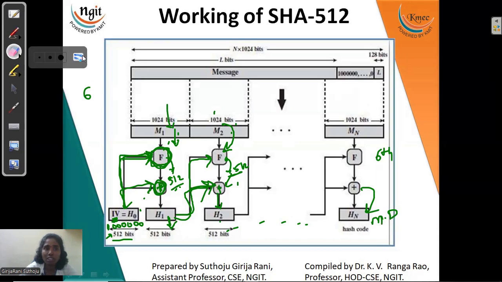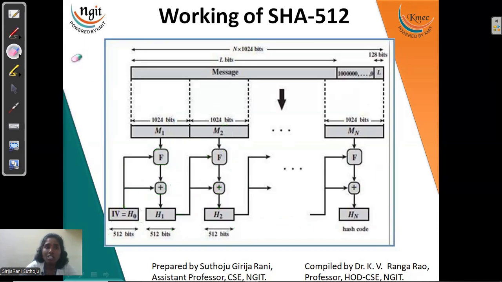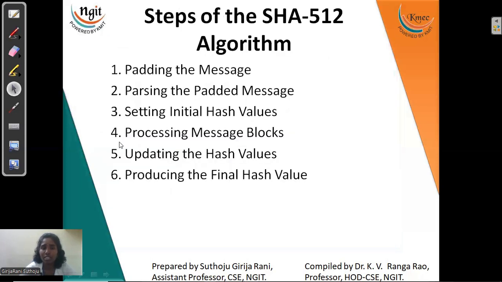So this is a procedure we follow for SHA-512. I mean, this is the working structure of SHA-512. Now, these are the few steps we are going to follow in the working structure of SHA-512. So what is the first step? We are going to pad the message first. So why do we need padding? See, whatever the message length we have, we have to convert that into multiples of 1024.